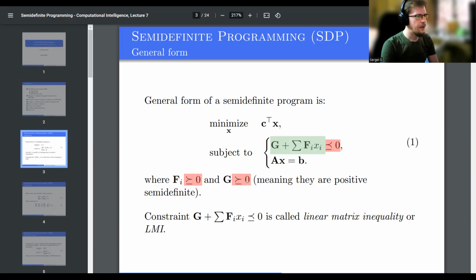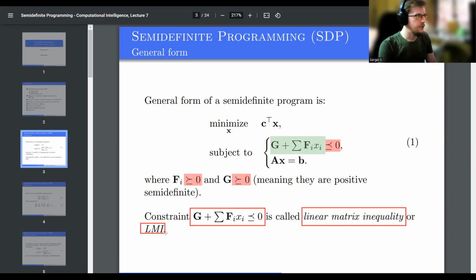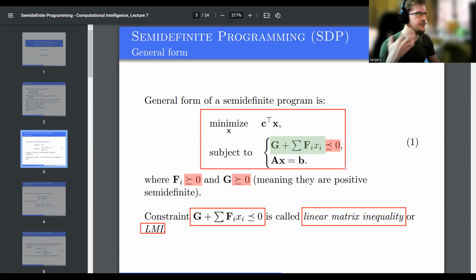All right. So we can call this thing here a linear matrix inequality, or LMI. The concept of linear matrix inequalities is largely used in control theory. When we talk about optimization, I think semi-definite programming is a more typical term. So this whole thing is called SDP, and that is a correct way to refer to it.